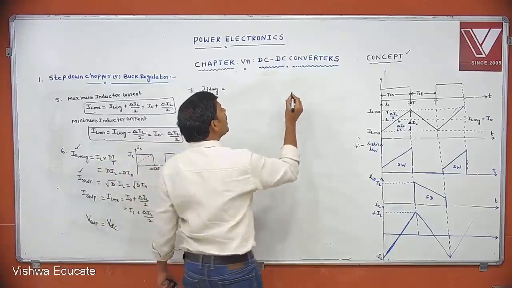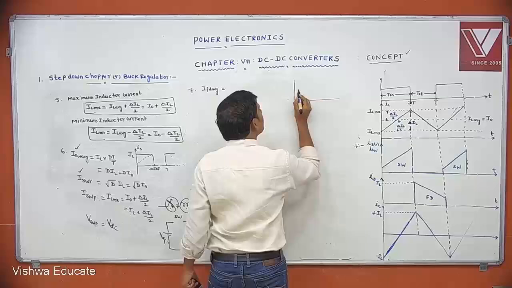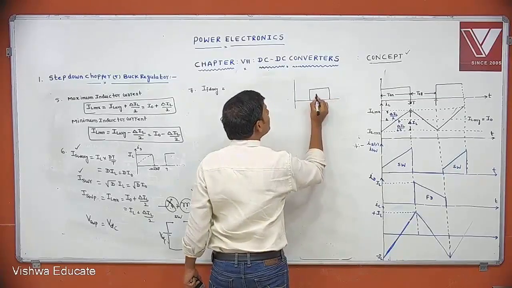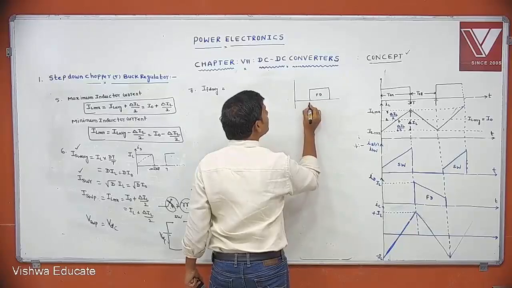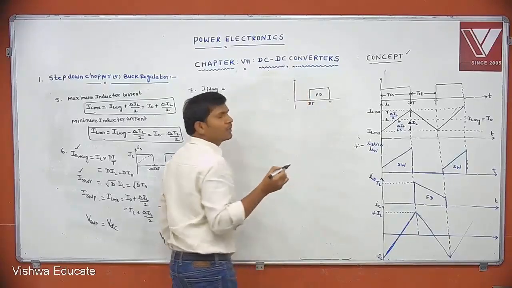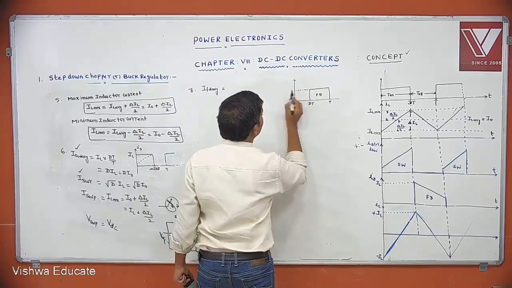In the freewheeling diode also, if you neglect the ripples, take the constant current. Here the freewheeling diode is conducting. This is DT, this is T. During which time does the freewheeling diode carry which current? Inductor current.